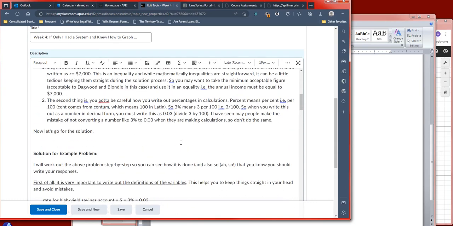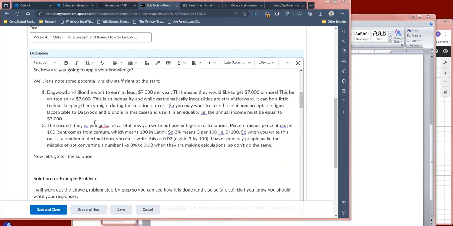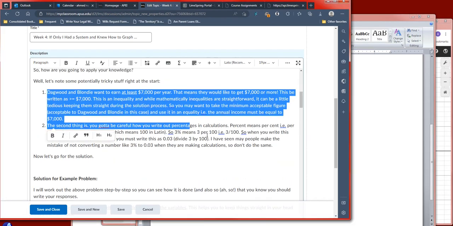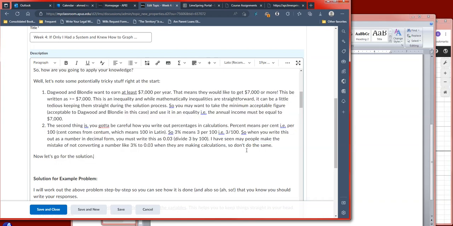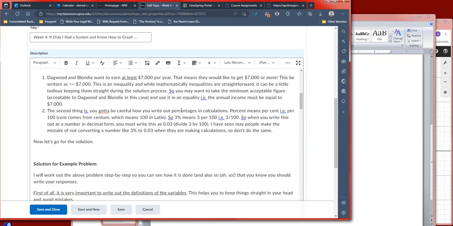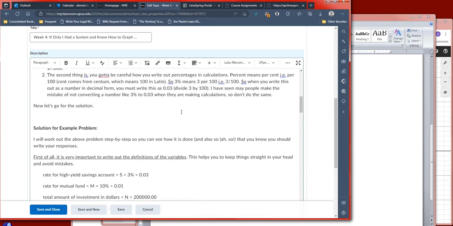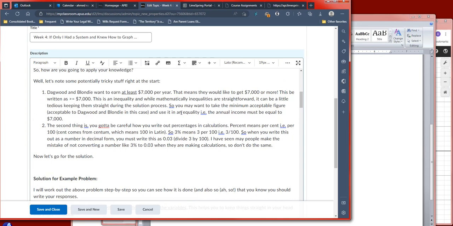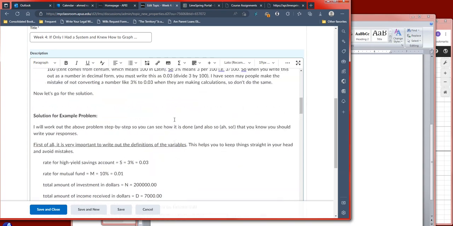Let me switch to the discussion board and talk about that for a moment. So this piece just covers what we've been talking about so far. You know, being careful about representing percentages, and the constraint on the equations, and that is actually an important phrase: constraint on the equation.